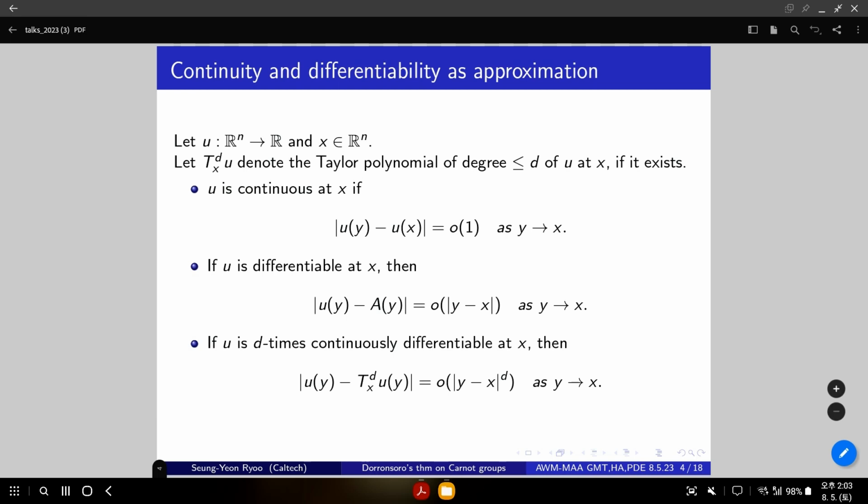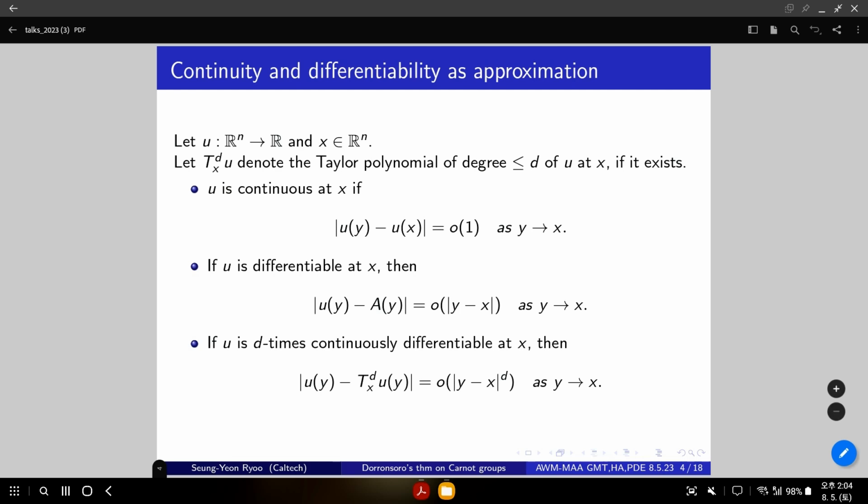The basic theory you learn in calculus is the idea of continuity and differentiability. Continuity says that if you take a point y near x, then the difference of u(y) and u(x) approaches 0. The notation little o of 1 means that it goes to 0 as y goes to x.